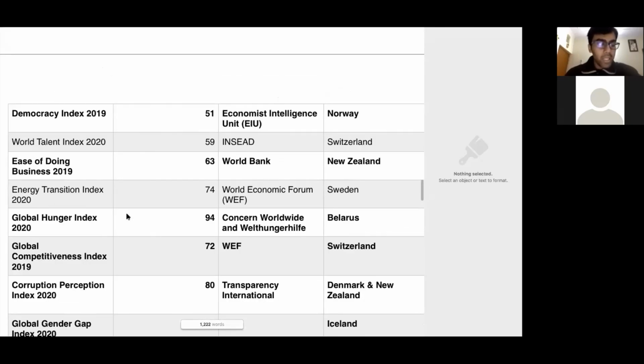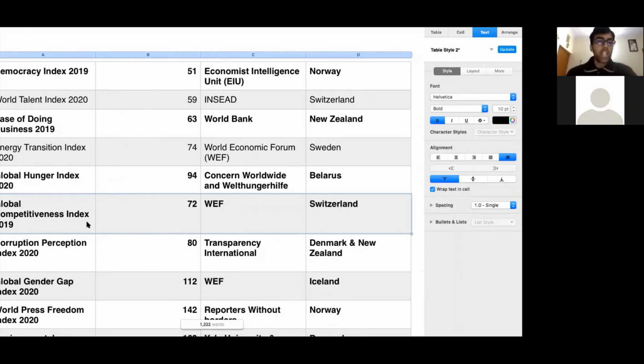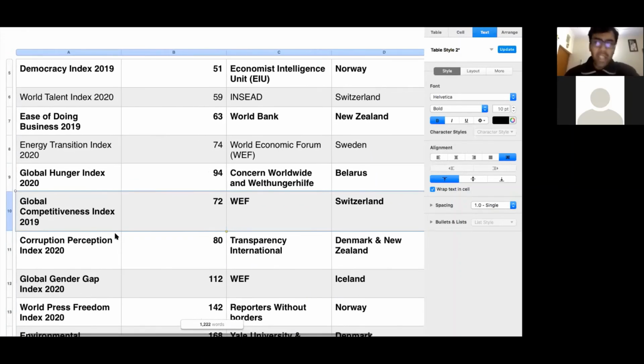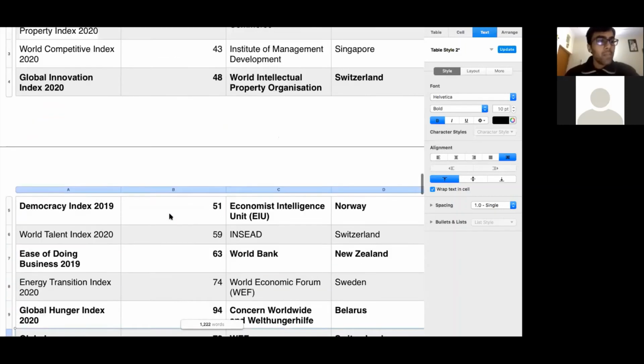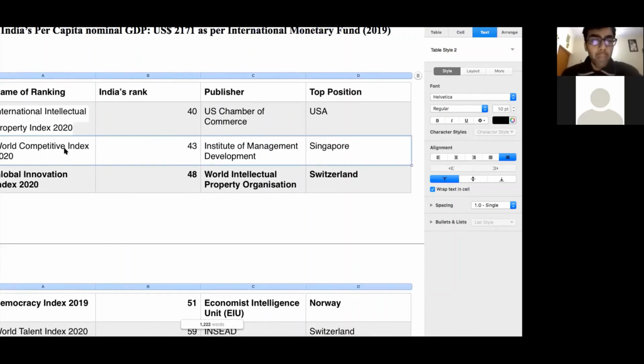Actually, they are the names of two separate indexes that are published as part of reports and as rankings by two separate institutions. Global Competitiveness Index, as you can see, is published by WEF, World Economic Forum, which is a very important and significant global organization, especially related to business and industry. And then World Competitiveness Index is published by Institute of Management Development, IMD.